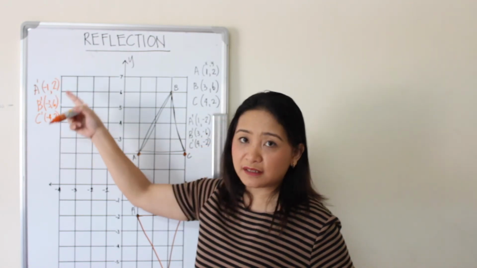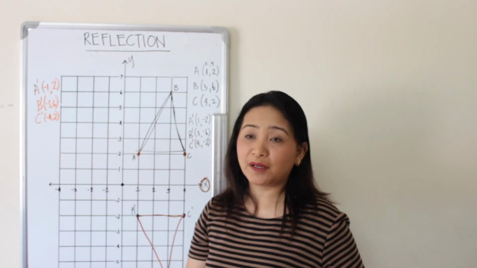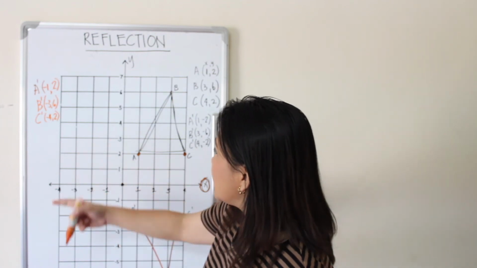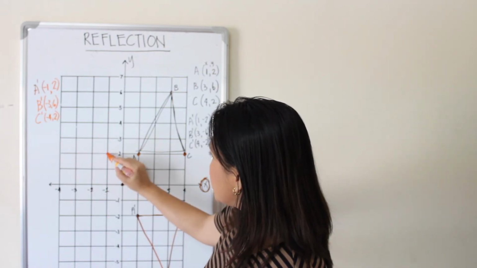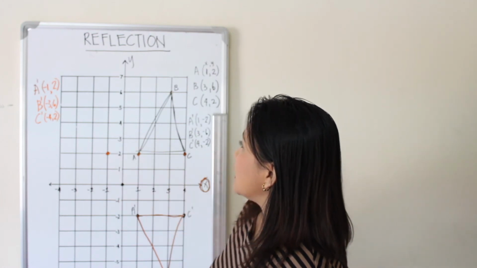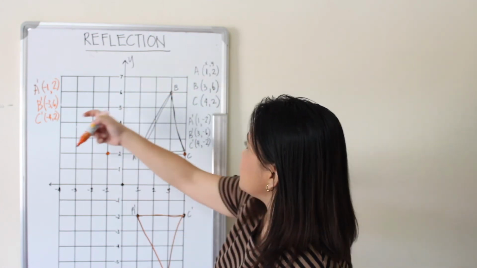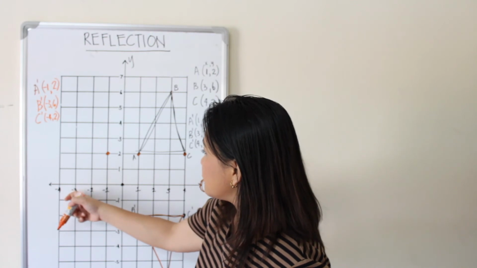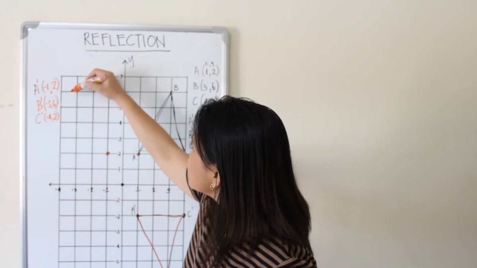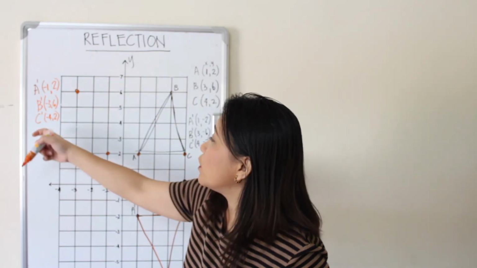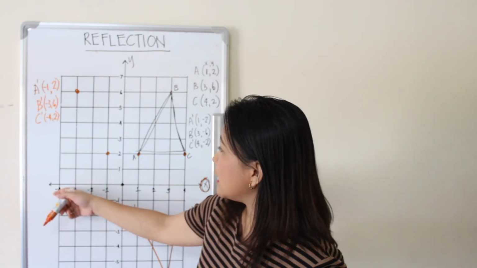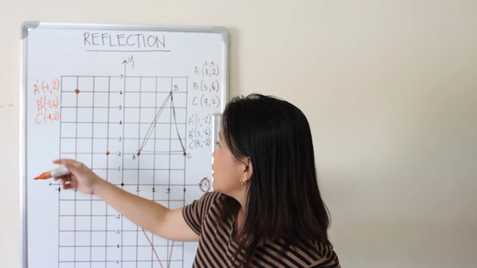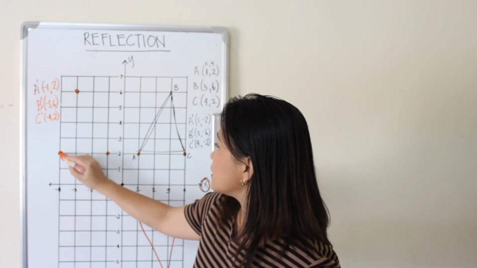Once you have the 3 points, it's time for you to plot them. Where is A? A is at negative 1 and 2, so right over here. Then B is negative 3 and 6, right here. What about C? C is at negative 4 and positive 2, over here.